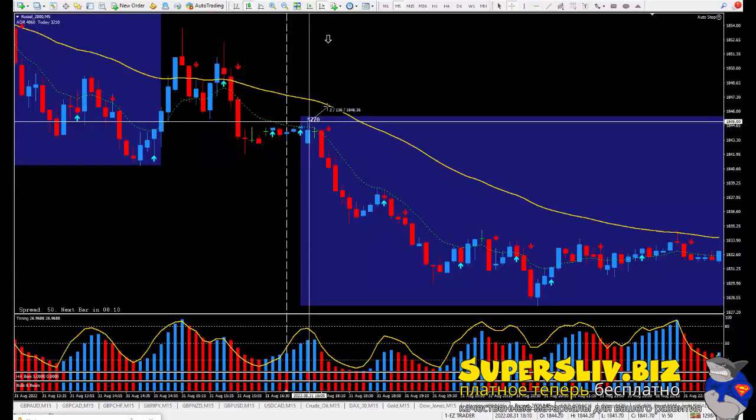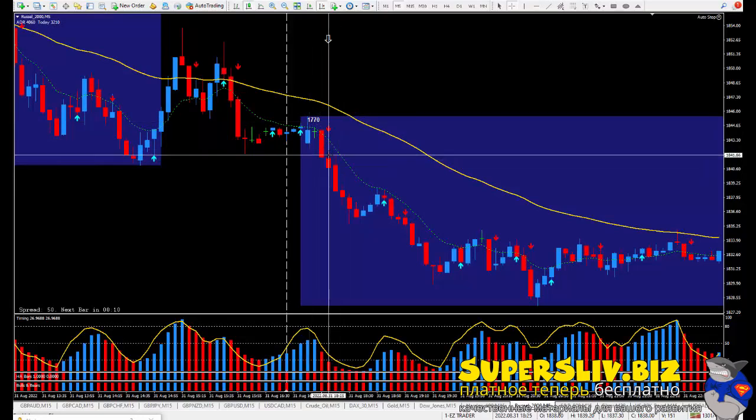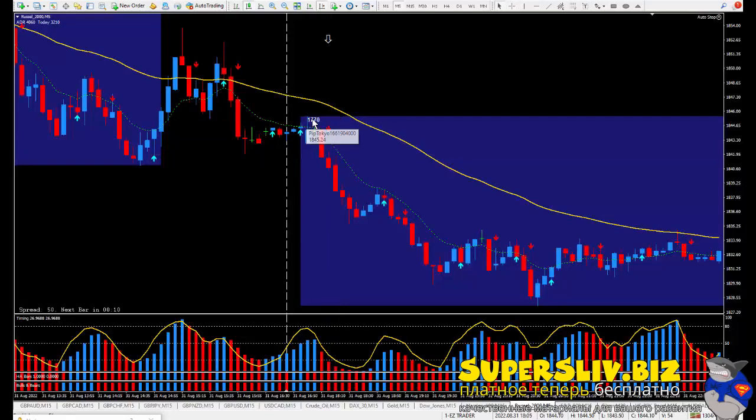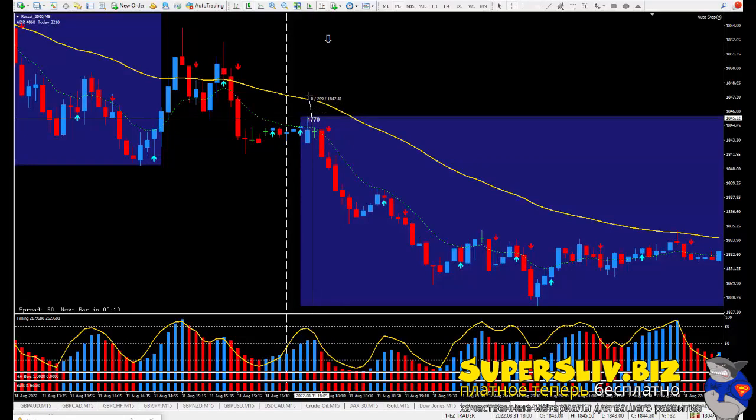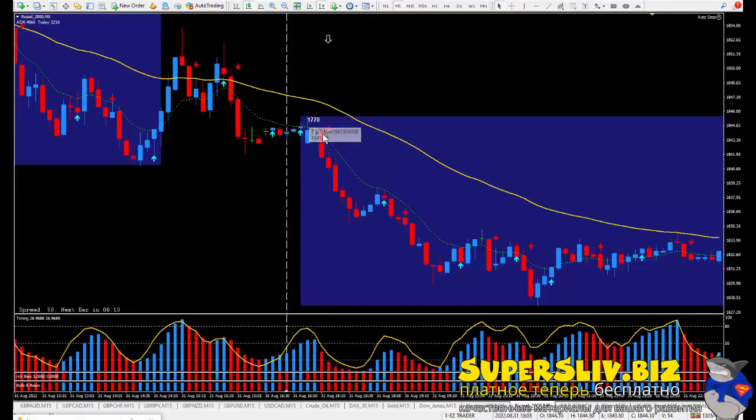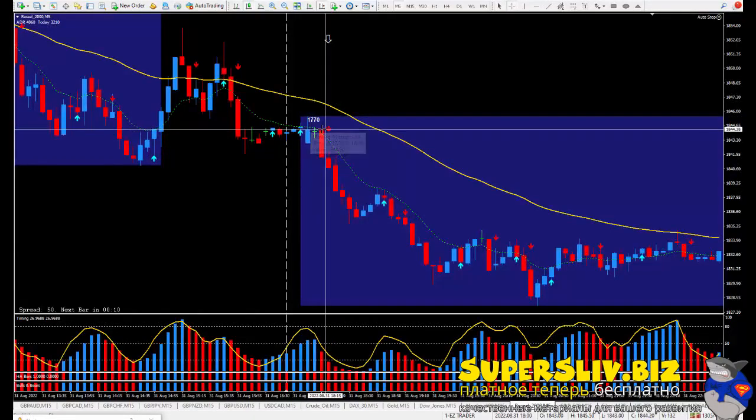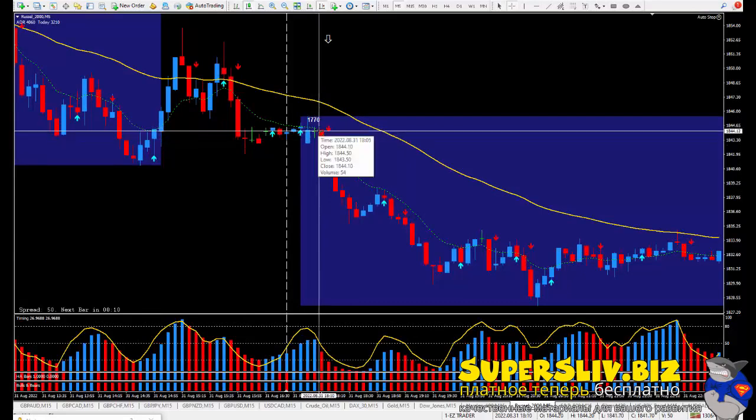But the further you get away, well, in this situation, let's say you took the trade here or here, stop will be about 37. Whereas before, if you took it here, it'll be around 20. So it's much better here than over here. So let's say you got in somewhere in the middle.